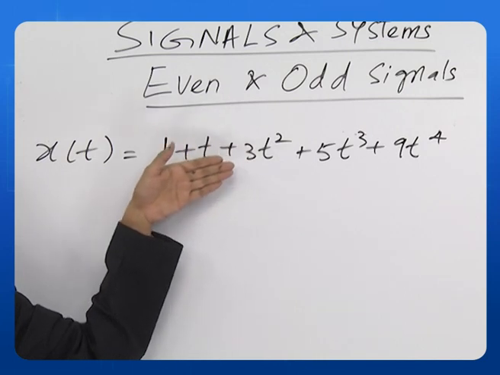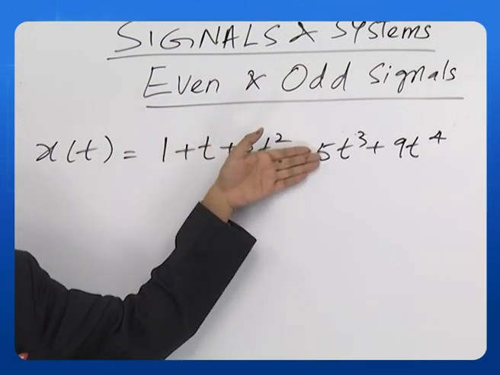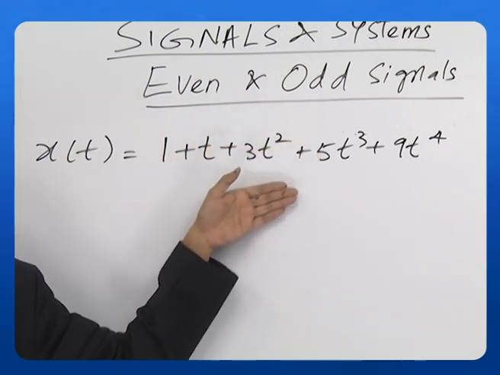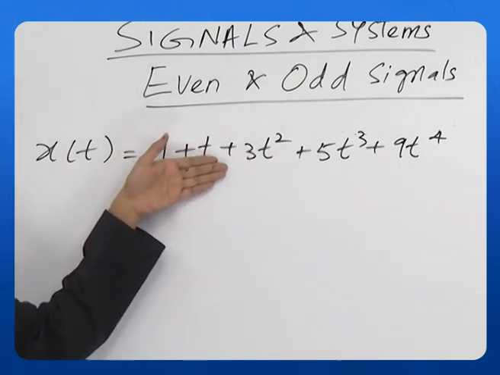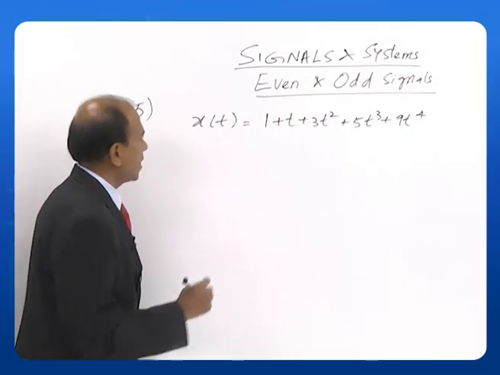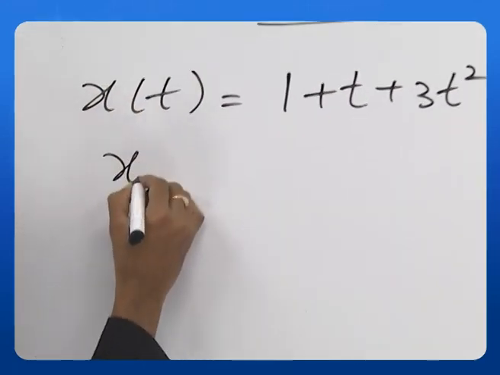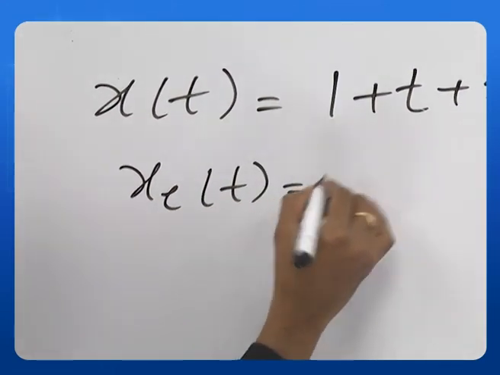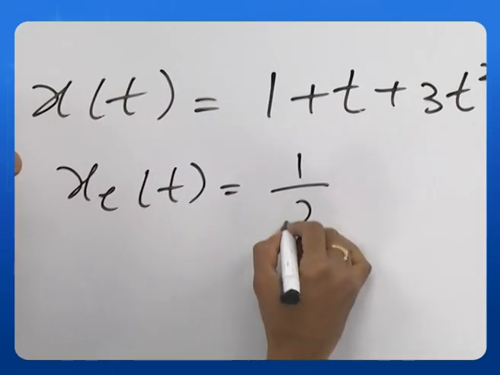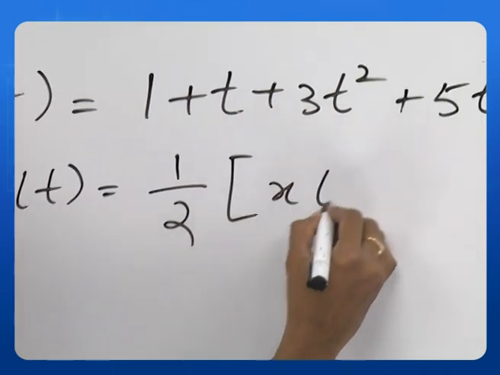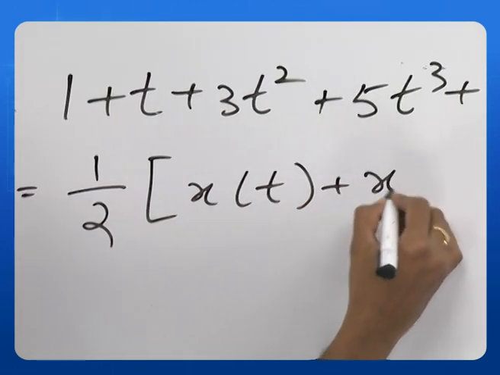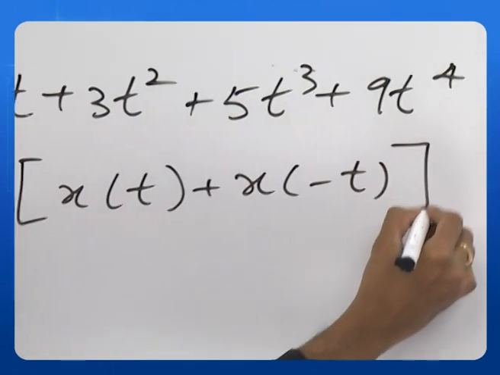We have to calculate which components are even in this signal and which are odd. So, let us again start calculating with the even signal. Now, x e of t is equal to half of x of t plus x of minus t.